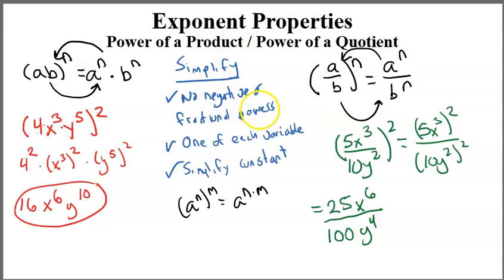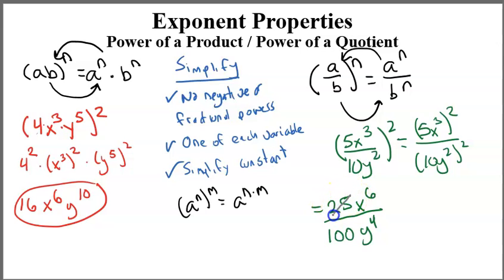So let's look. No negative or fractional powers, check. One of each variable, 1x, 1y, check. Simplify constants. Well, look, I got 25 and 100. Can I simplify that? Think about this as 25 over 100. 25 and 100 have a common factor of 25.